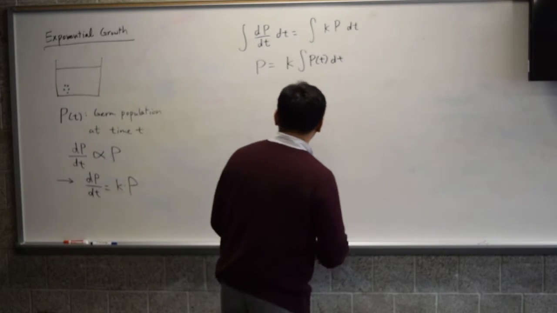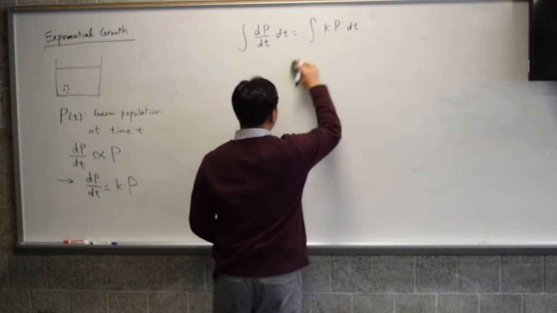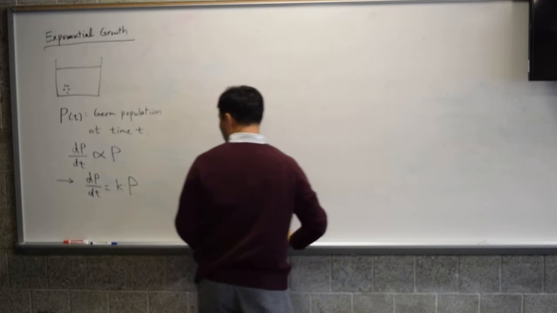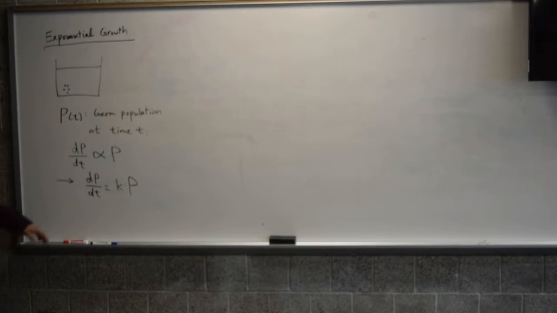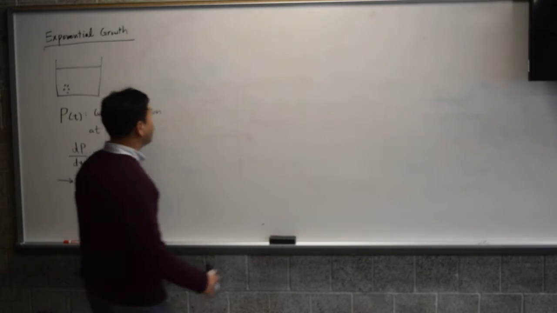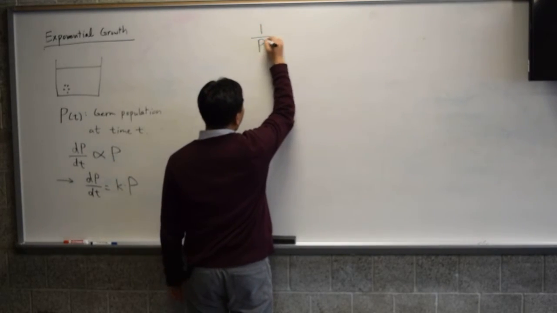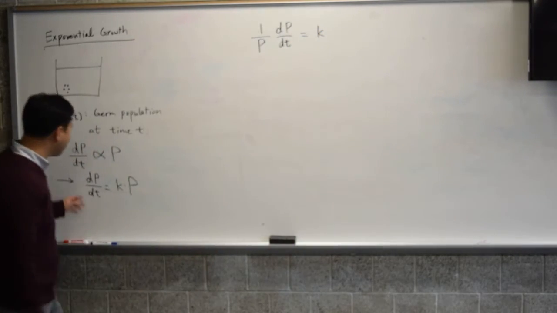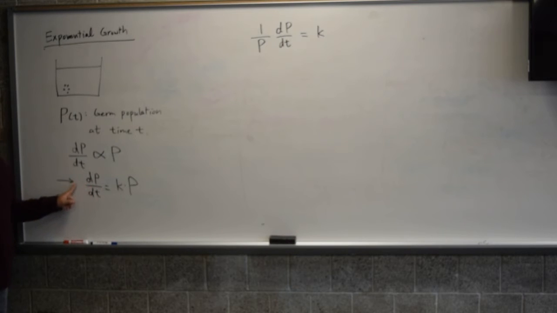All right, if direct integration fails, then what do you do? Well, this is how you solve it. You divide by p, so you get 1 over p times dp/dt equal to k. So I divide by p on both sides, so 1 over p is multiplied on the left side, and this p will be gone on the right because you divided it.